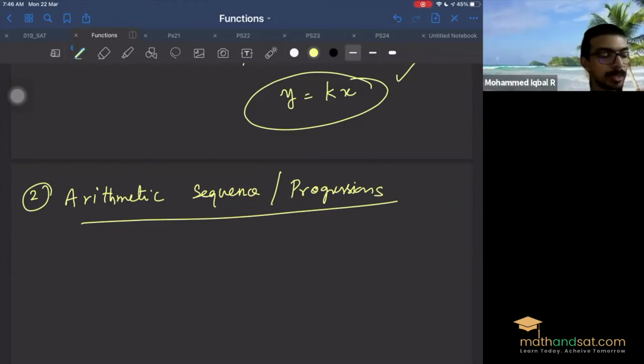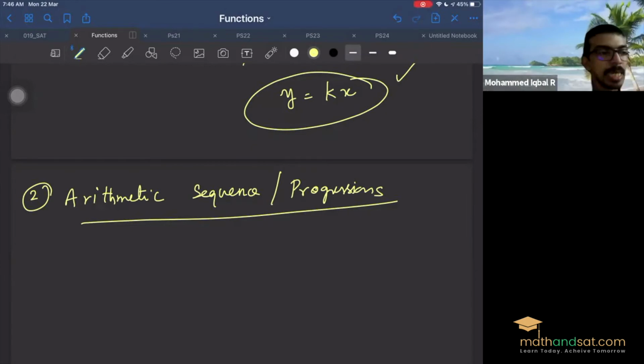Do you remember arithmetic sequence in your 8th grade? Yes. Others? Have you seen this in your school?